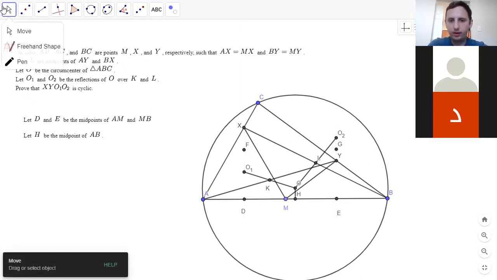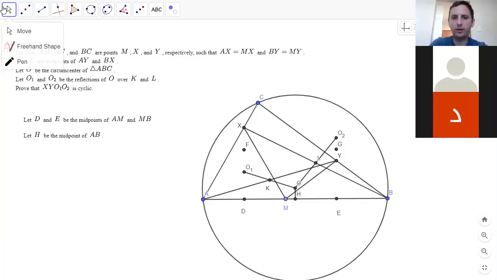So since AOY1 is a parallelogram, the distance from A to the perpendicular from O1 to AB is the same as the distance from O to YE.